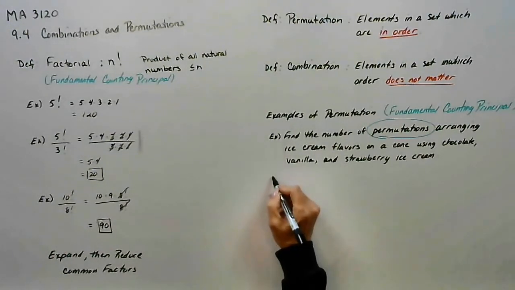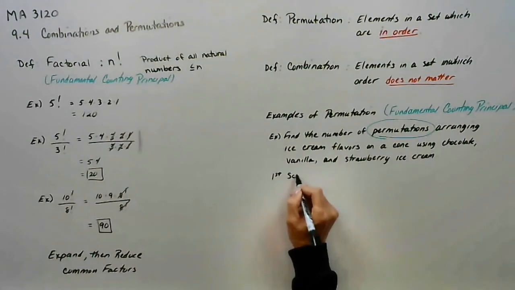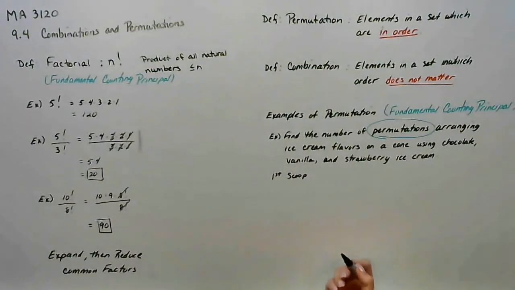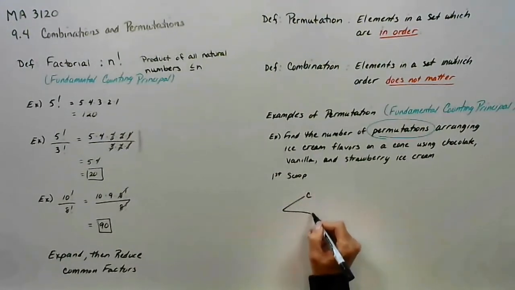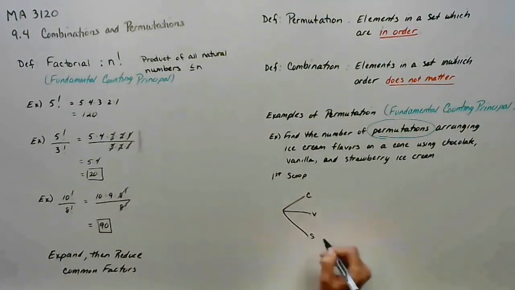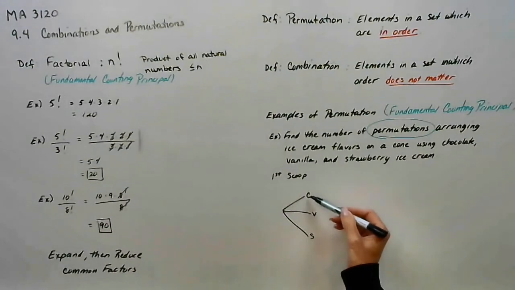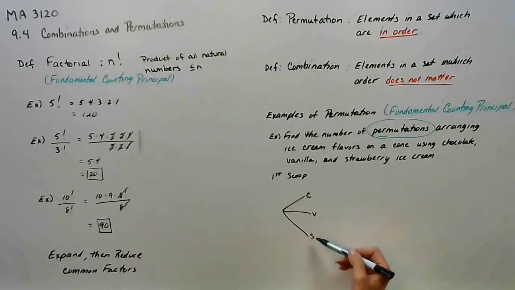Well, our first scoop, we have 3 choices. We either have chocolate, vanilla, or strawberry. Okay? And then we have to go, all right, well, for the second scoop, so right now we have 1, 2, 3 possible scoops. So right now we have 3 ways that this can happen.